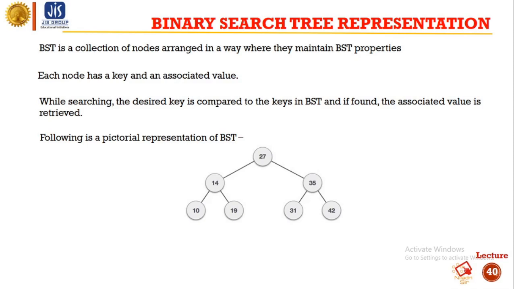The elements are 14, 10, 19. All three elements are less than 27. And on the right hand side, you can see that the elements are 35, 31, 42. So all the elements are greater than 27.